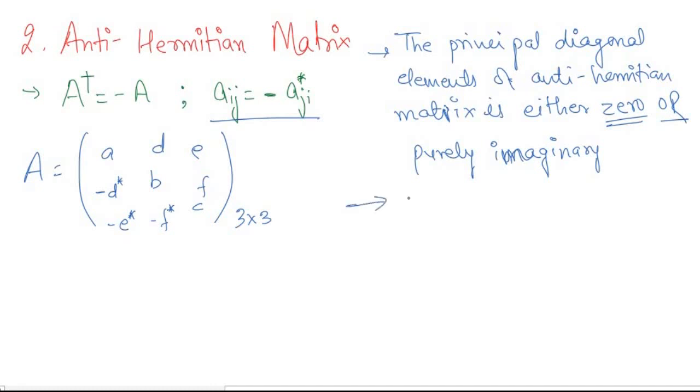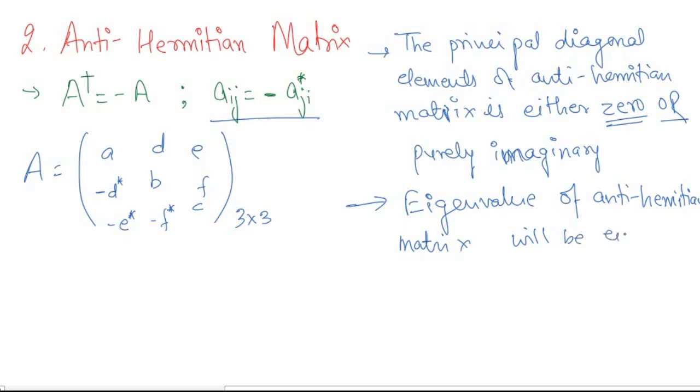Let me have a statement for the eigenvalues of this anti-Hermitian matrix. The eigenvalues of an anti-Hermitian matrix will be either 0 or purely imaginary.